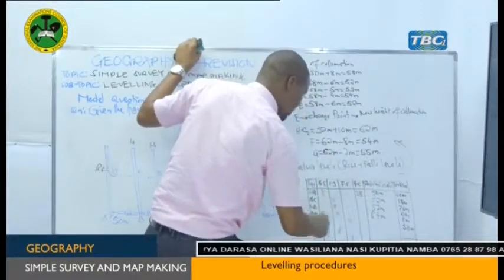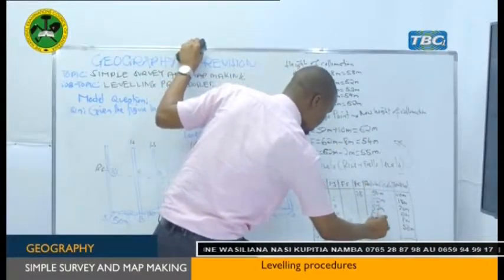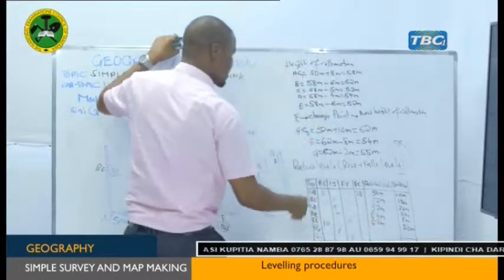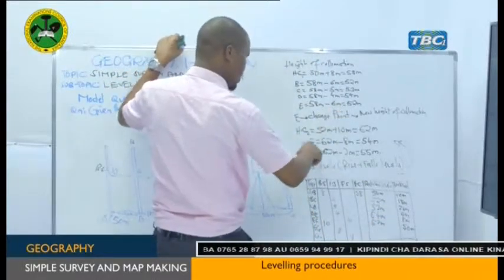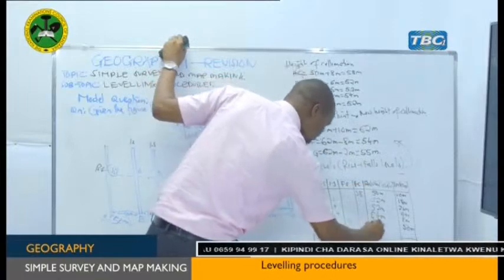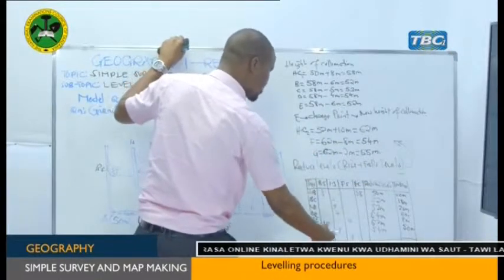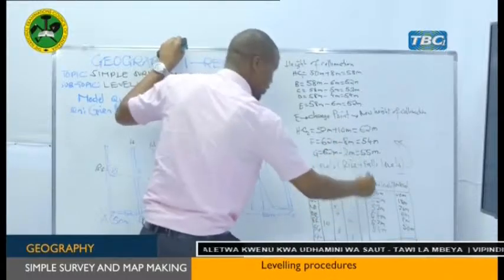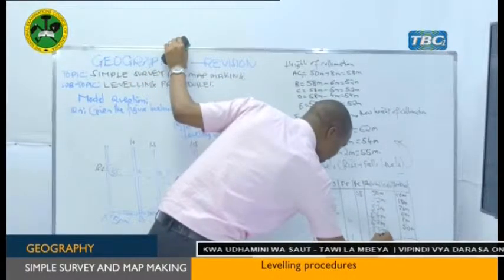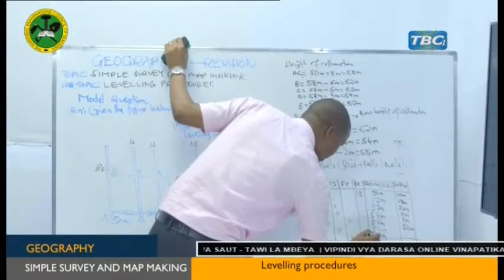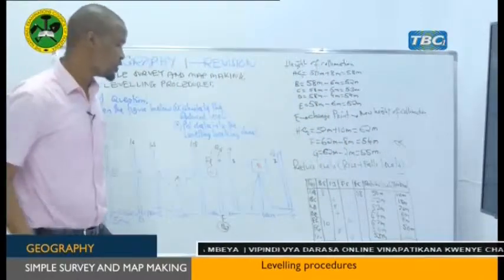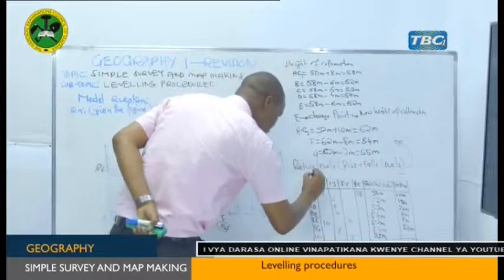Point E, this one, 52 meters. Then F, 54 meters. Thereafter we have G. Where's G? This one, 55 what? Meters. Are you together? So this is what we call the leveling booking sheet.